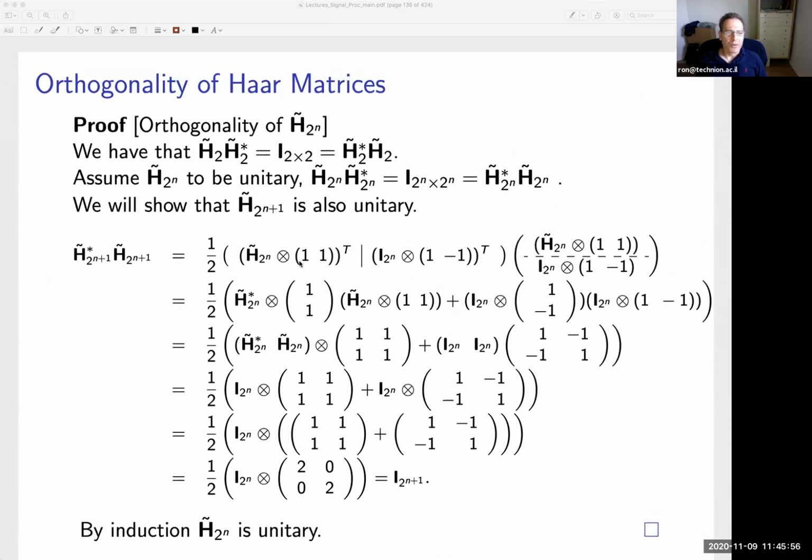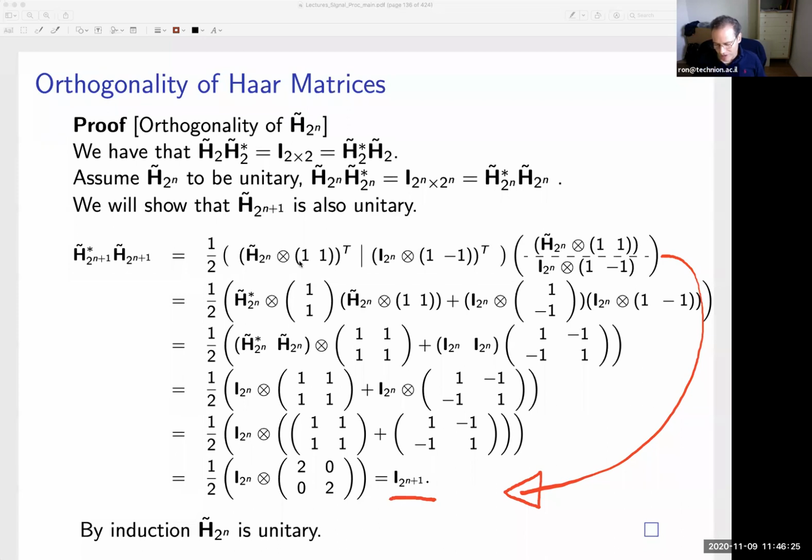Now, can we prove orthogonality for the Haar matrices? This is really tedious, and I hate it. So what I will do is just walk with you through the first steps, and go out to the conclusion that the Haar is indeed an orthogonal matrix, and therefore it is unitary.